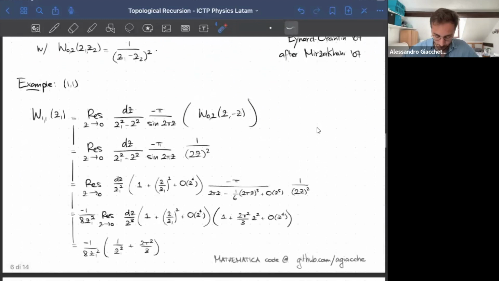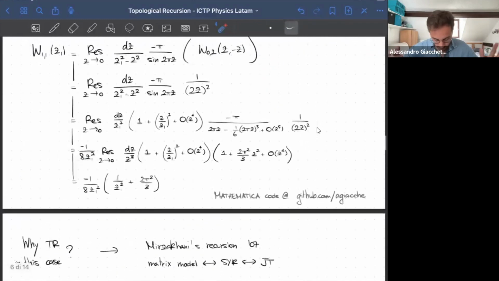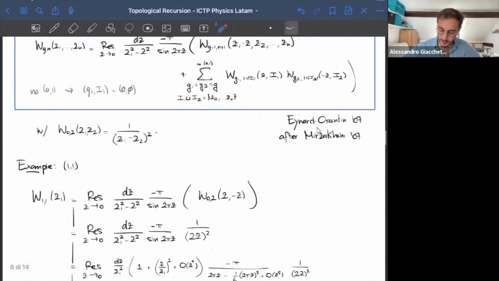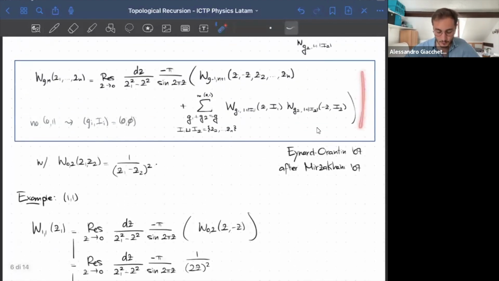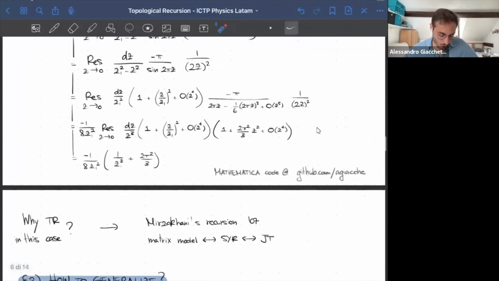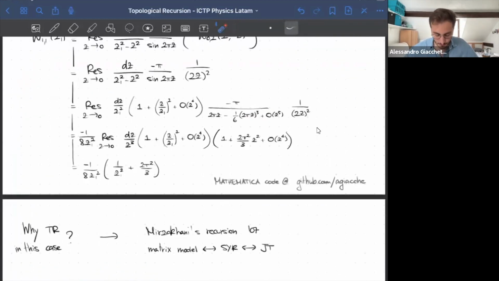To sum up, this formula gives an answer to the computation of these correlation functions in JT gravity, or a way of computing recursively these Weil-Peterson volumes.